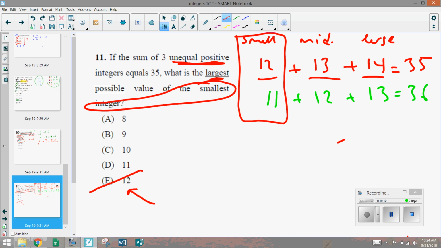Let me clean up. 39. My goal is still the same. I'm trying to get this number. It's still too much. 10 plus 11 plus, let's try this. It's going to be 33, too small. That's fine. I can increase because there's no limit here.